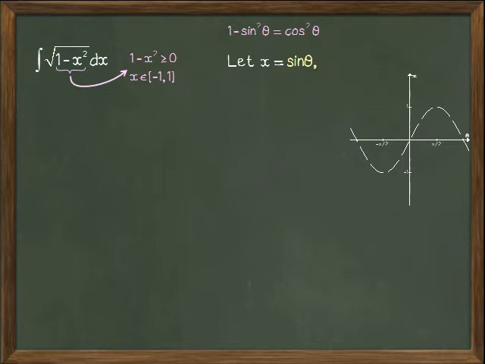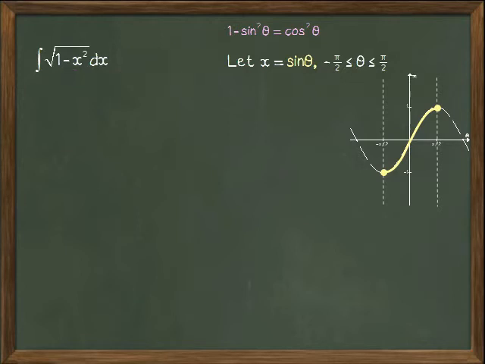In this example, I can choose to restrict theta to the interval between minus pi over 2 and pi over 2, as on this interval, sine theta is a one-to-one function and it ranges from -1 to 1.